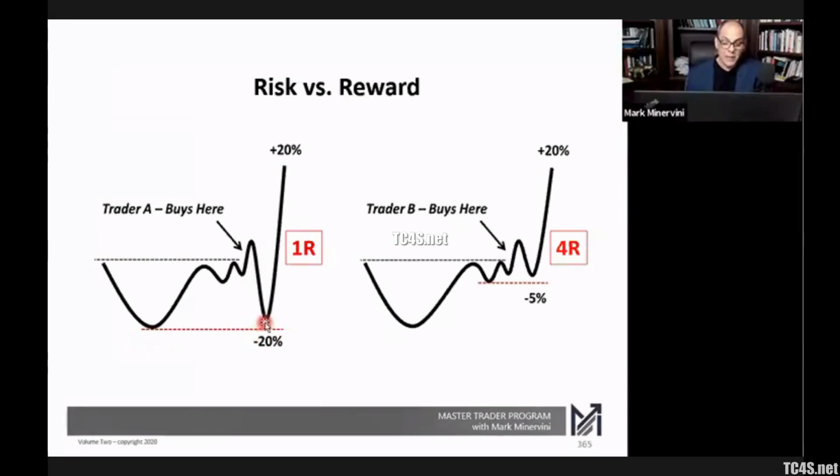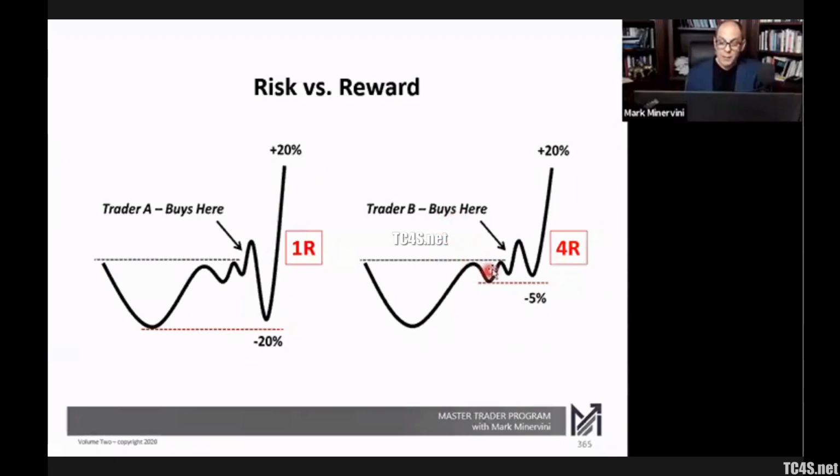Comes down 20%, then turns around, goes back up, and trader A sells it at a 20% profit. So they risked 20% to gain 20%. That would be a 1R trade. You're risking the same amount that you're gaining.